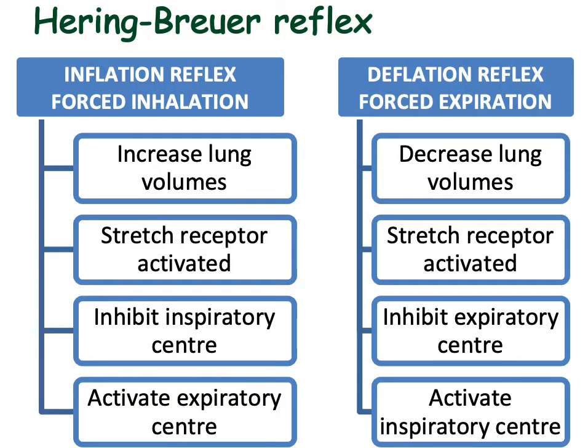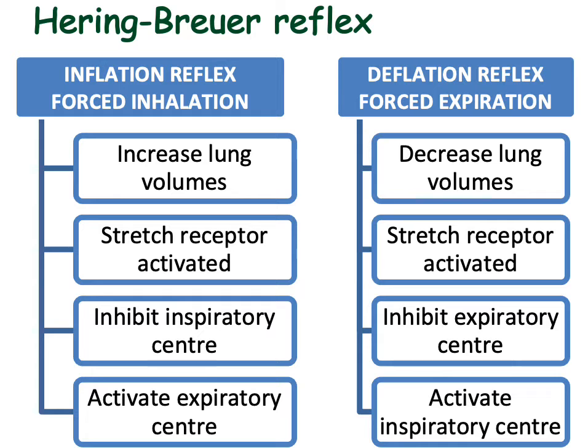Okay, first, I'm going to talk about the Hering-Breuer reflex. So the inflation reflex happens during forced inhalation. When we inhale, we increase the lung volumes, and the changes in the lung volumes will activate the stretch receptor.